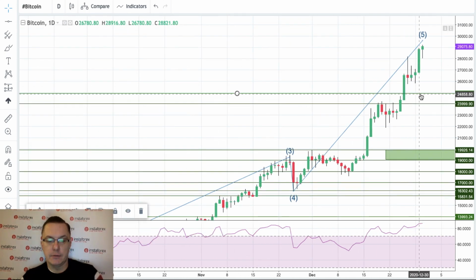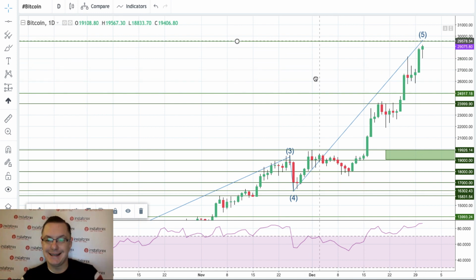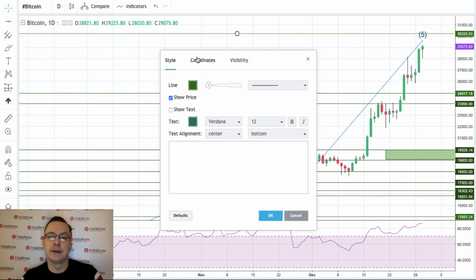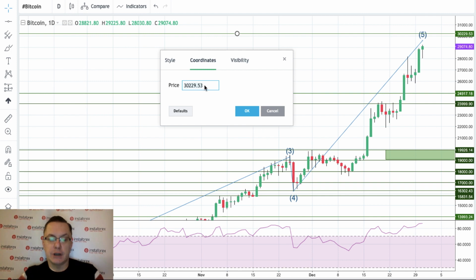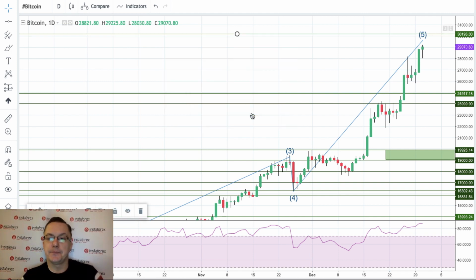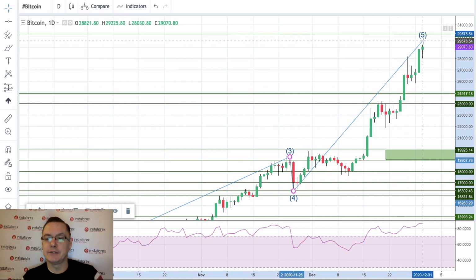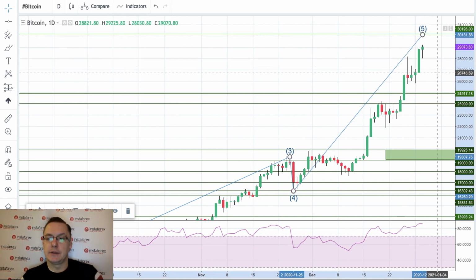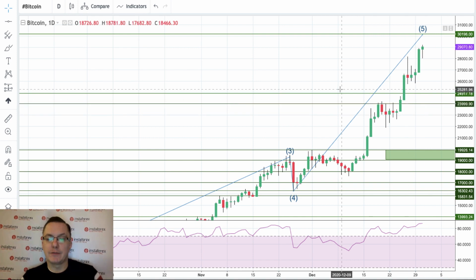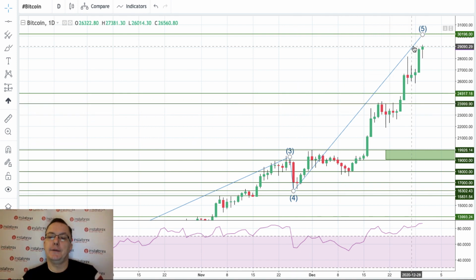Let me just copy one of the lines and put it on the chart. 30,196. There is the 161 Fibonacci level, one of the measurements which can be used for the target for the Bitcoin bulls.